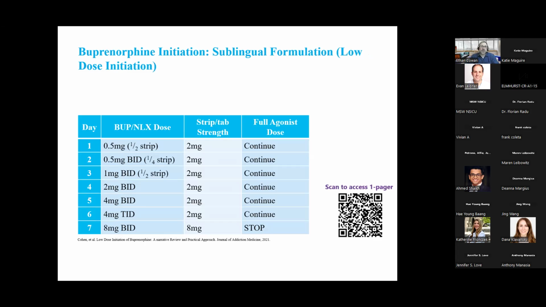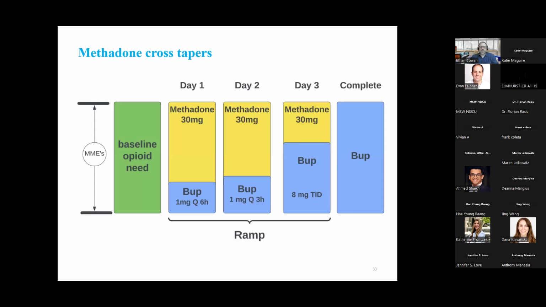In Epic, we have 2 protocols that we built for microdosing. One is a 6-day protocol and one is a 3-day protocol, but they're very similar to these. Patients who are on methadone, so maybe the patient got methadone in the ED, but now wants to transfer over to buprenorphine, not a problem. This is a rapid cross taper from methadone onto bup.